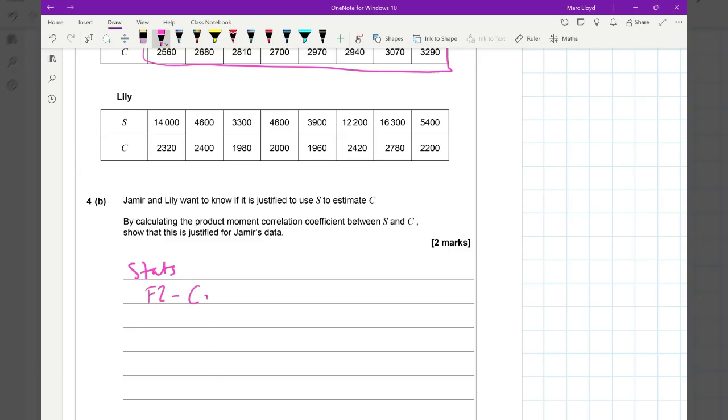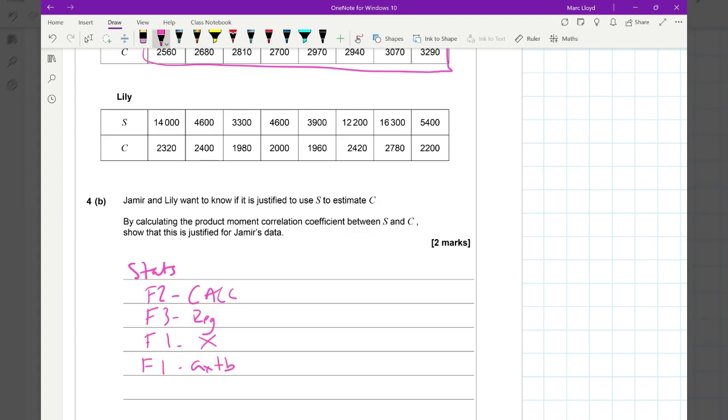You hit F2 to go to calc, F3 for the regression line, F1, which is that one says X, F1, AX plus B. And then that will give you a load of data.